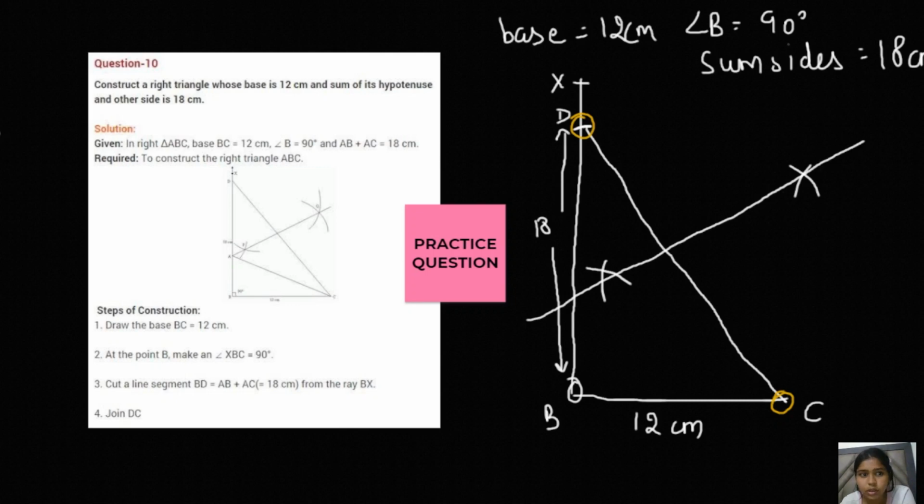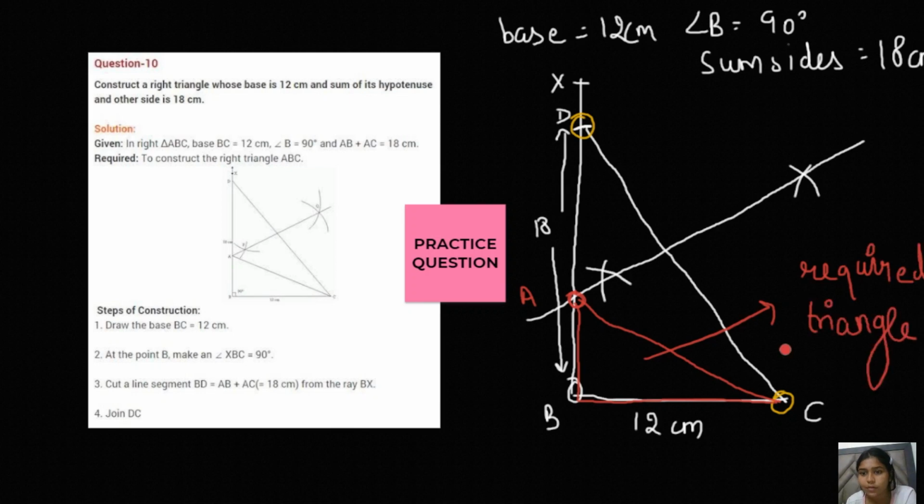This arc is meeting at this point, and you name this point A, right? Now just join these points. So this is the required right triangle that we have to make, right?